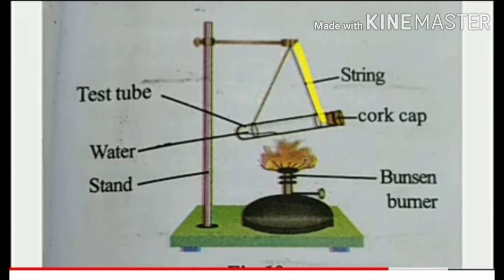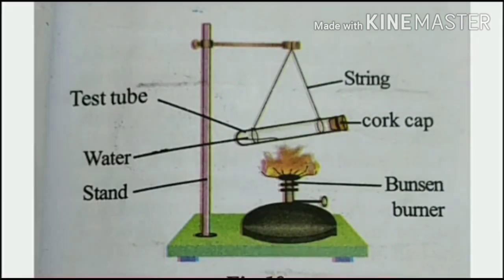Heat the test tube with a Bunsen burner until the water vaporizes and the cork cap blows out. Observe the movement of the test tube when the rubber cork cap blows out. Compare the direction of movement of the test tube as well as the rubber cork cap. Observe the difference in the velocity of the rubber cork cap and that of the recoiling test tube.